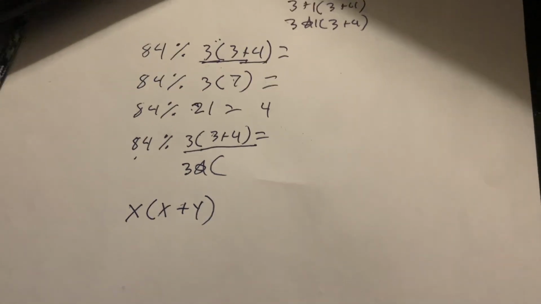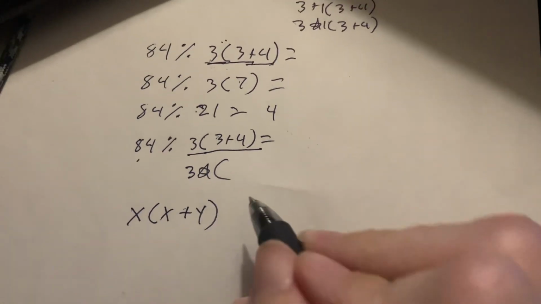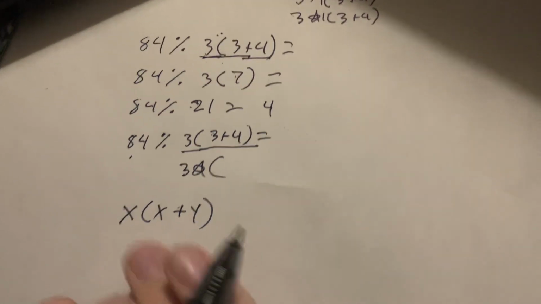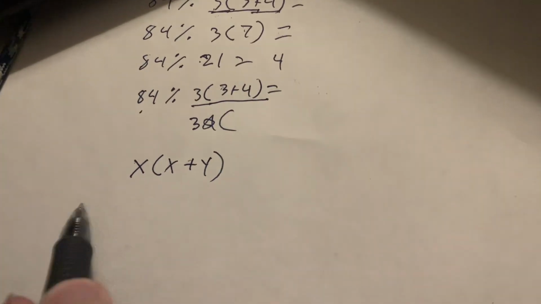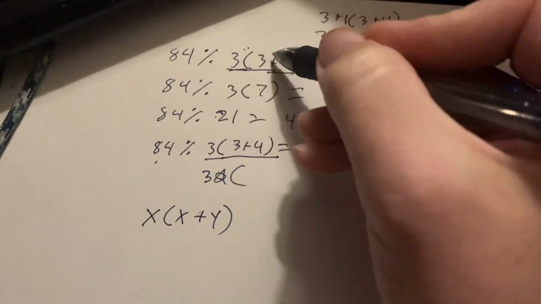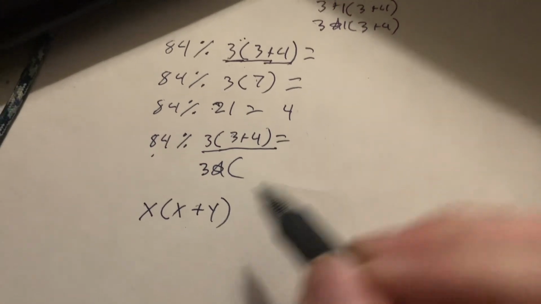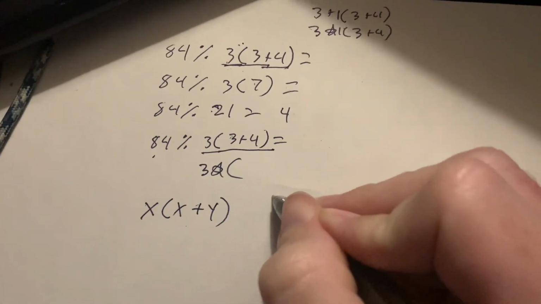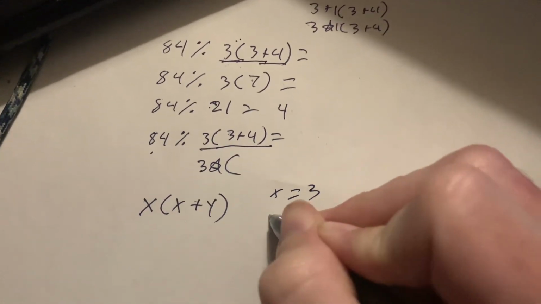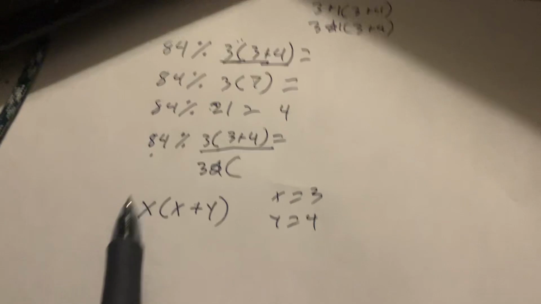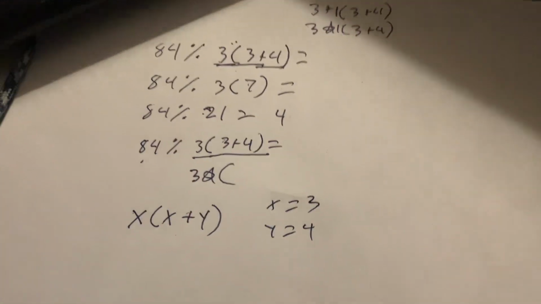This right here. And if you look in algebra, what do you do to clear the parentheses in this algebraic expression? This is very common. See, this is this with just the numbers inserted. So, here we can say x equals 3, y equals 4. See, that gives you 3, 3, and 4, right?